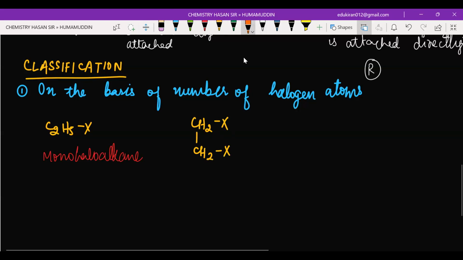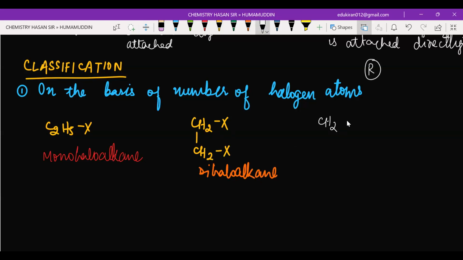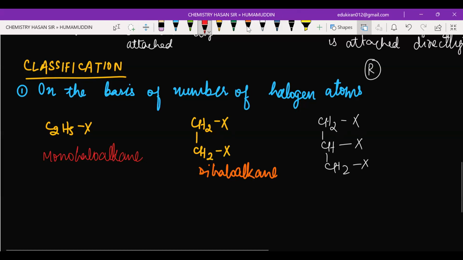So since two halogen is there, so we can write dihaloalkane. 2X is there. Now for 3X, CH2X, CHX, and then CH2X. You can see three halogen is there. So for this, you can write trihaloalkane and so on. Are you getting my point?